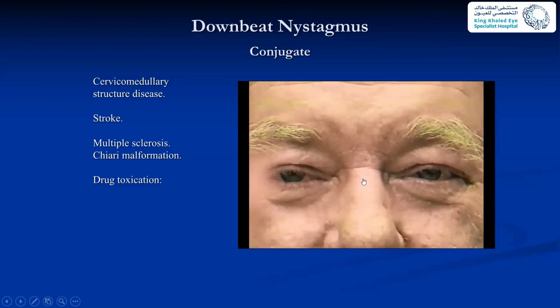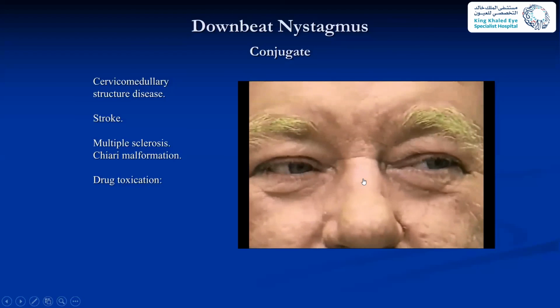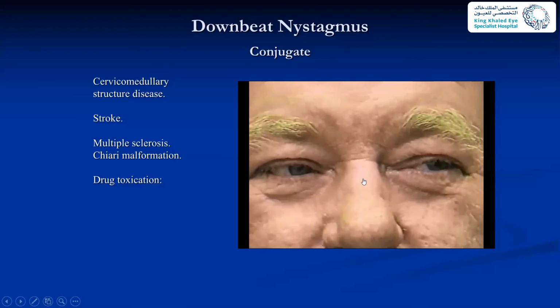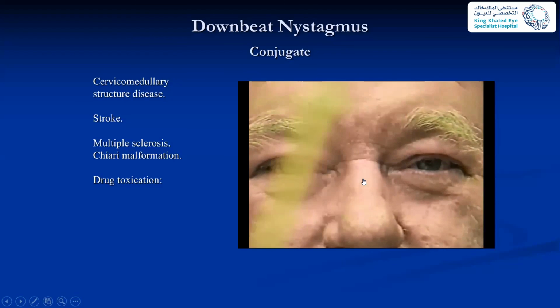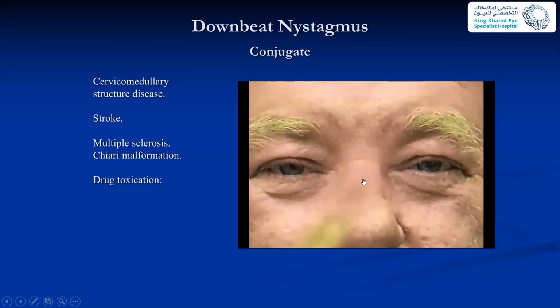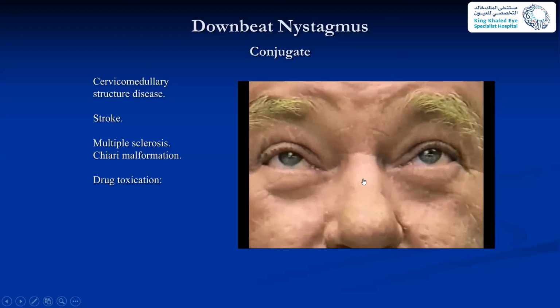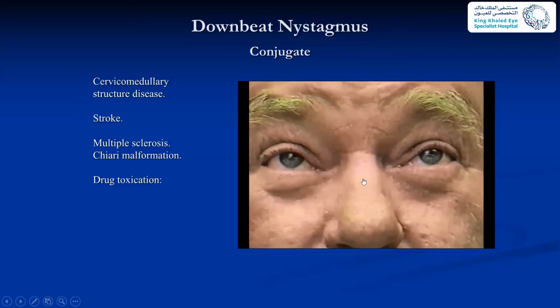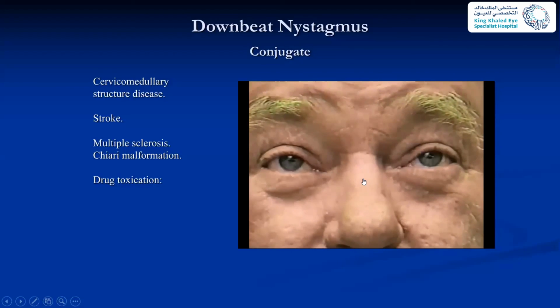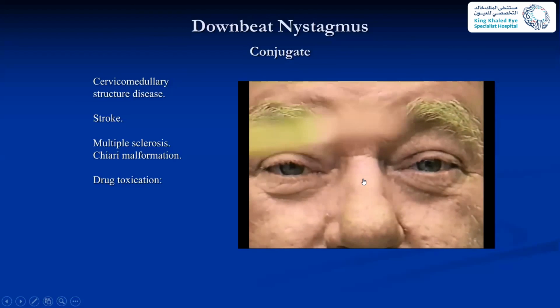So acquired conjugated downbeat nystagmus. Of course, when you diagnose it, you have to image the patient and refer him to neurology, looking for the cause. It is very clear, jerk downbeat nystagmus.